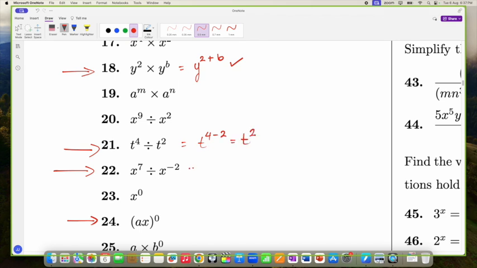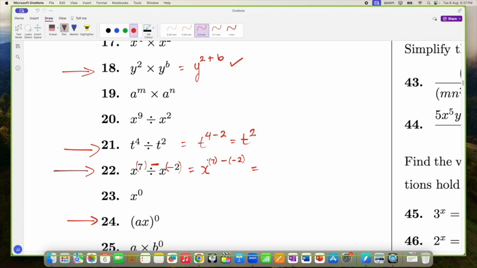And over here, now I gave you this one for a reason. You minus the indices. So these two things are the things you are minusing. So it should be x to the power of 7 minus 2. Yeah, you're minusing the indices, and so you minus them.